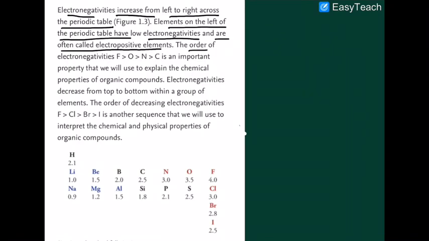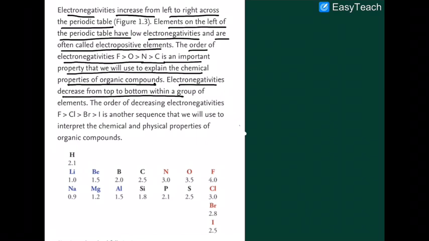The order of electronegativity is fluorine more than oxygen, oxygen more than nitrogen, nitrogen more than carbon. This is an important property that will usefully explain the chemical properties of organic compounds. Electronegativity decreases from top to bottom within a group. So the order of decreasing electronegativity: fluorine more than chlorine more than bromine more than iodine. Look at that table once more.